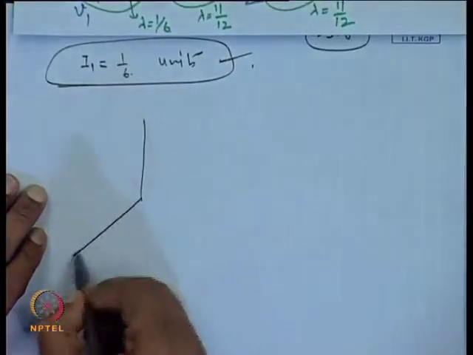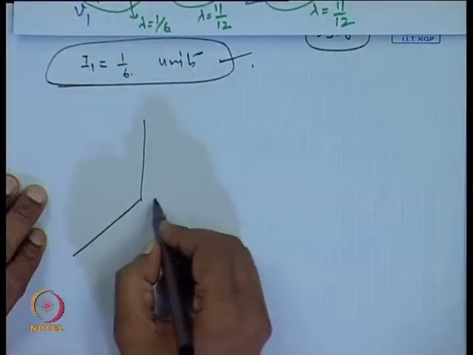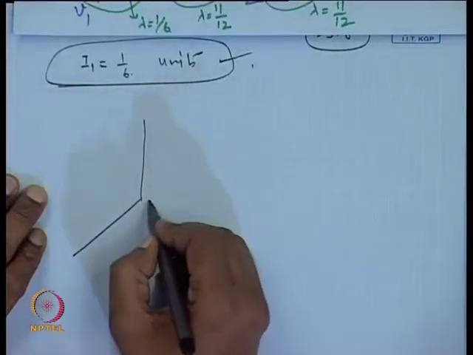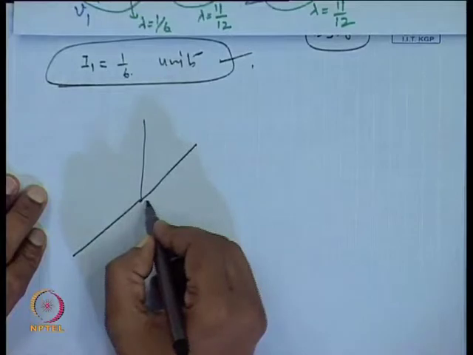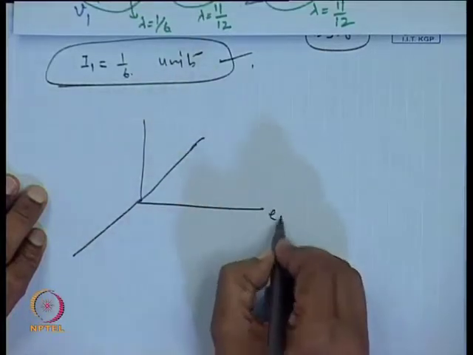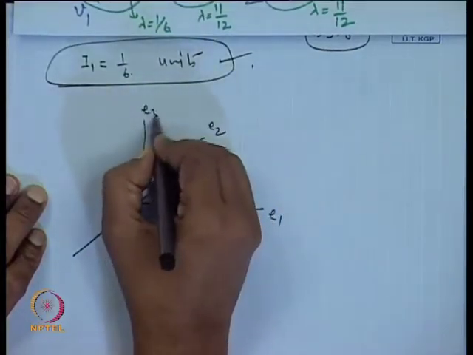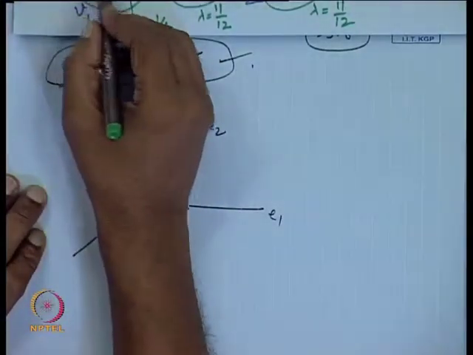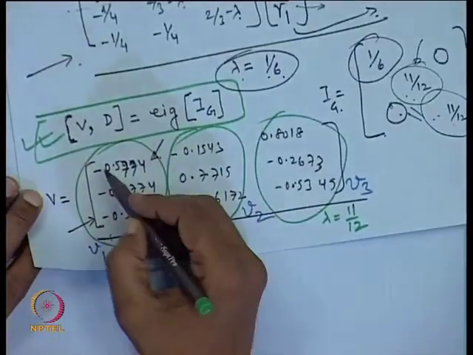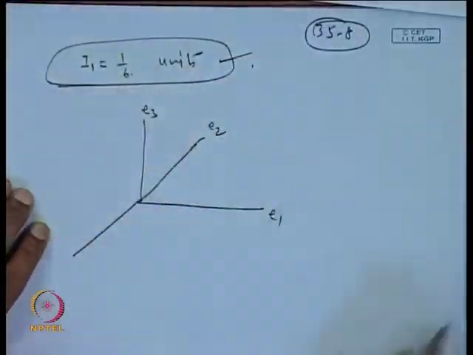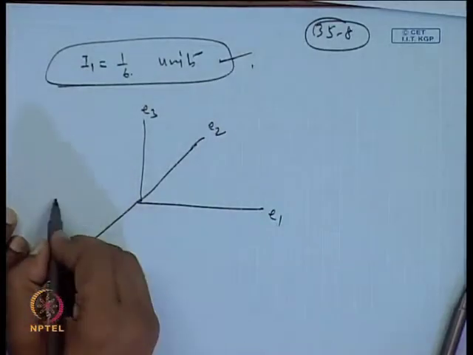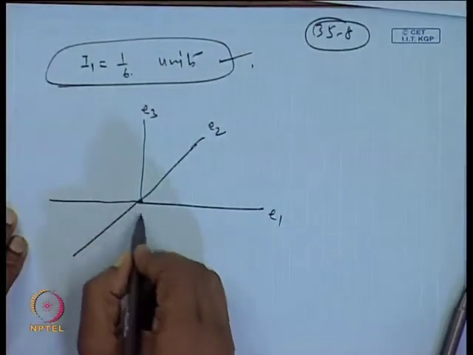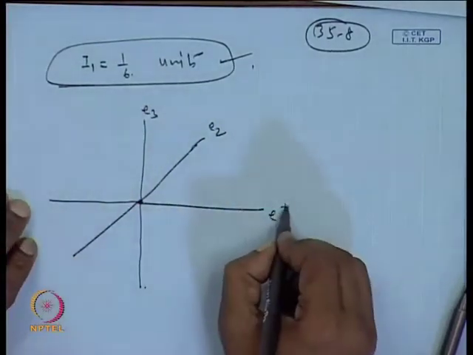And if you look from, say, this is E 1, E 2 and E 3 vectors. So, the principal moment of inertia direction is all shown with a negative sign here. So, we will make it here. So, these are the positive directions.